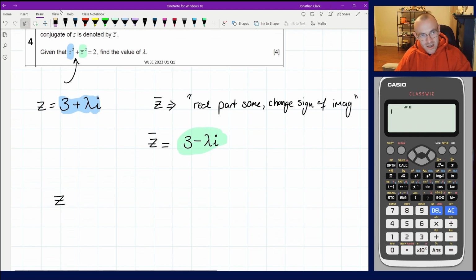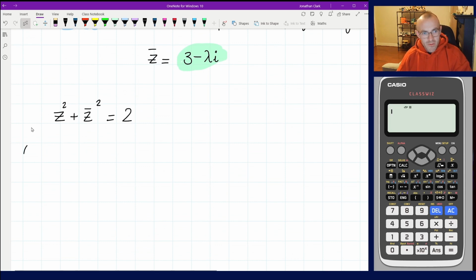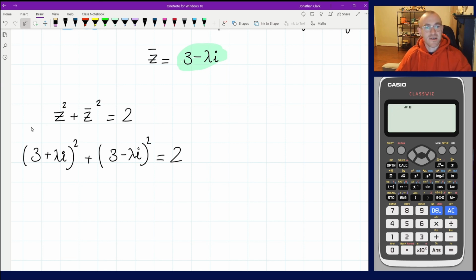It is Z plus Z conjugate, both of these things are squared, equals 2. And I'll start by replacing Z with 3 plus lambda i, and Z conjugate with 3 minus lambda i. There we go, fantastic. Those things have been replaced.